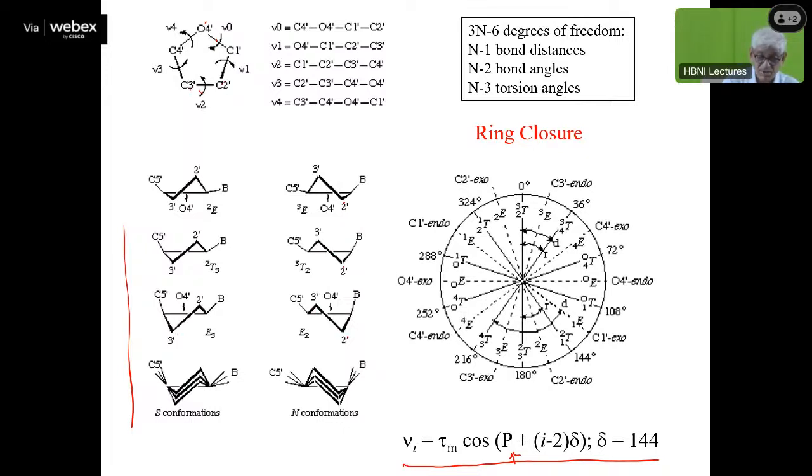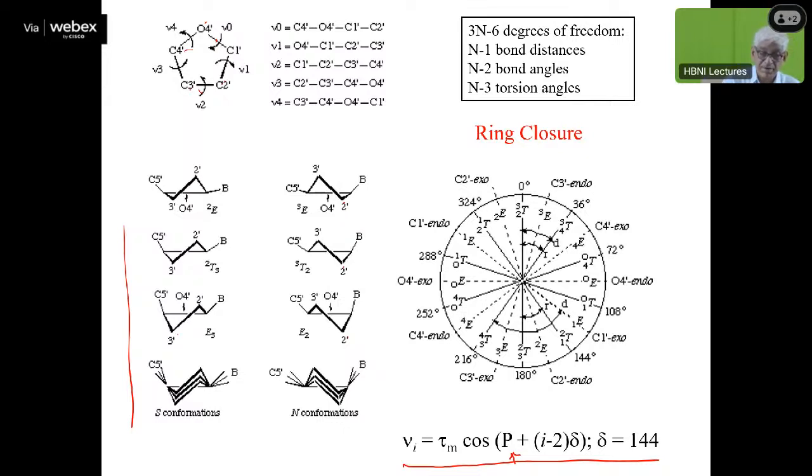What we have done here is we have considered the other 3 atoms to be in the plane. Which atoms? We have considered the C4 prime, O4 prime, C1 prime. You consider these 3 atoms to be in this plane, and that is defined as the horizontal line there. And you are placing the other 2 atoms, the 2 prime and the 3 prime, with respect to that plane.